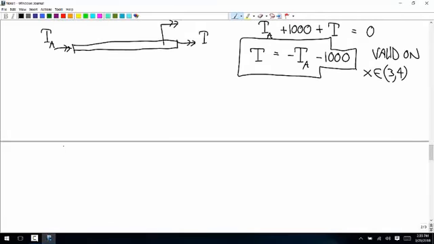Okay, so the total angle of twist over the whole length is 0.